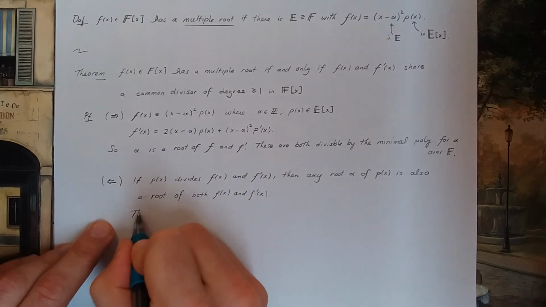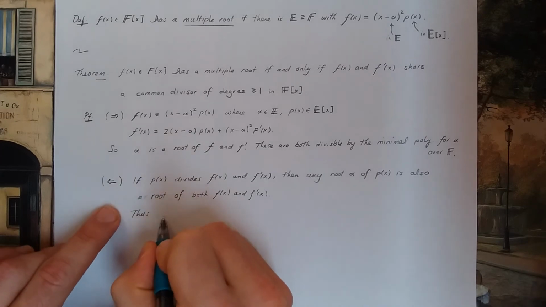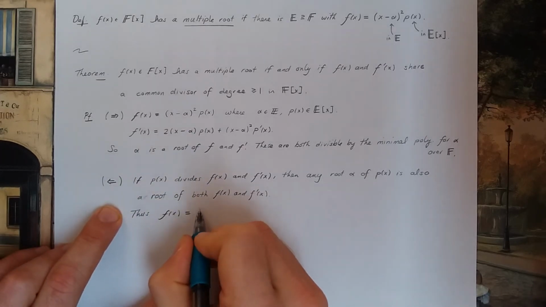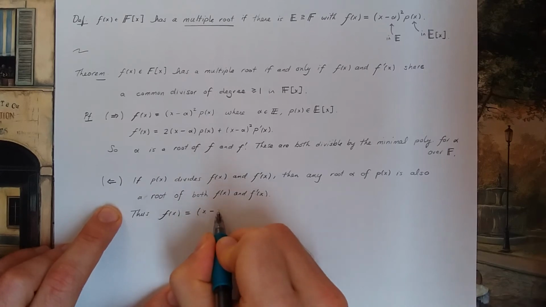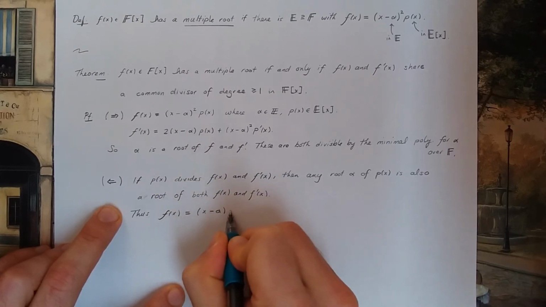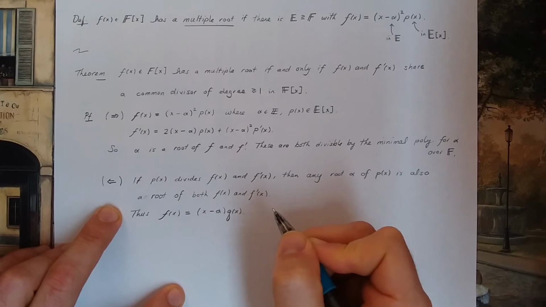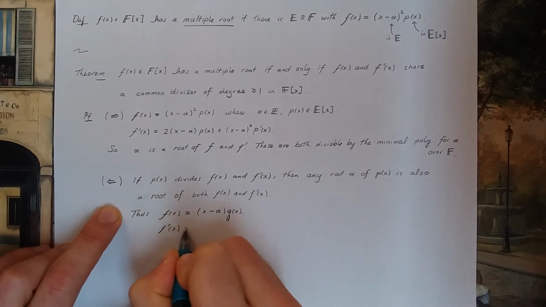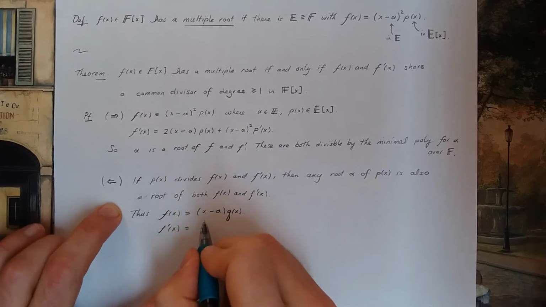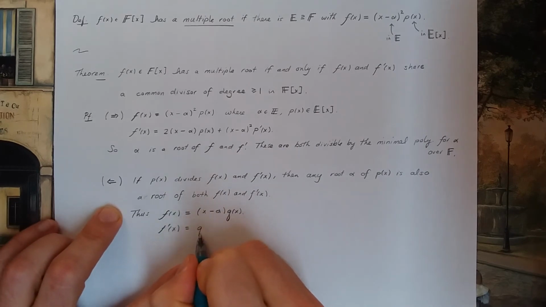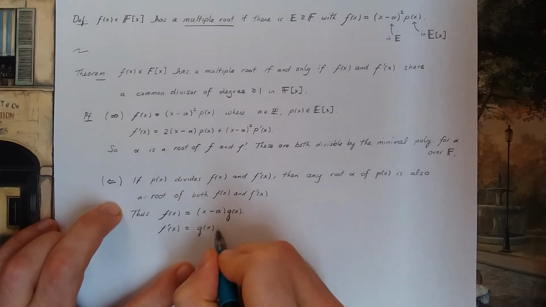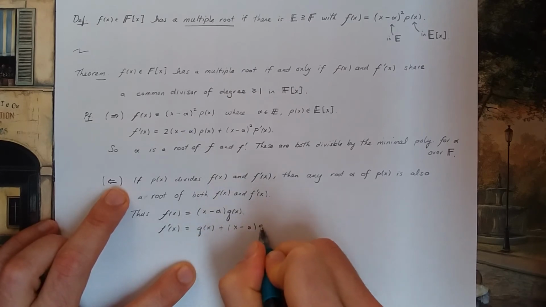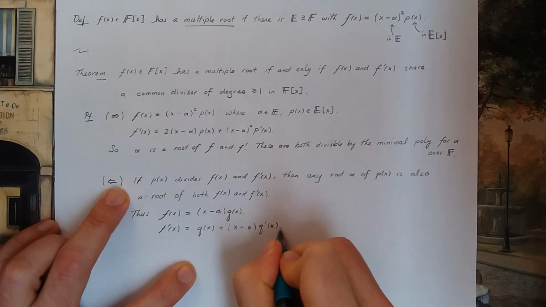What that means is I could take f of x and write it as (x minus alpha) times some other polynomial q of x. Taking the derivative, again using the product rule, I get q of x plus (x minus alpha) q prime of x.